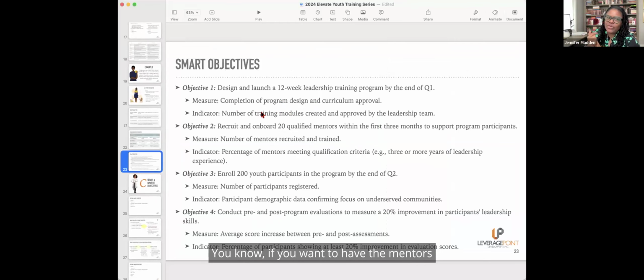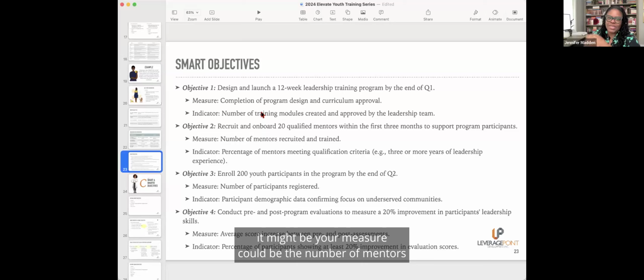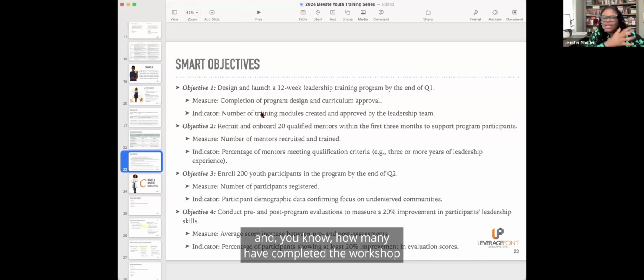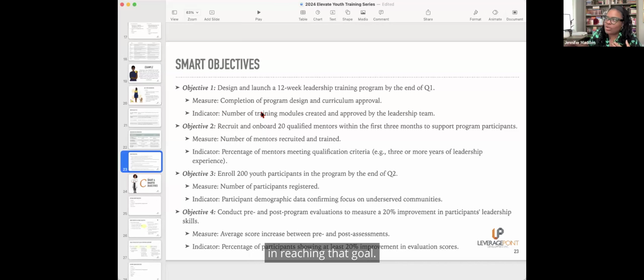If you want to have the mentors that are doing these workshops, your measure could be the number of mentors that you recruit or the number of peer level participants that you recruited, and how many have completed the workshop, because maybe you complete the harm reduction workshop and then you're qualified to become a peer mentor. And so now you're thinking about these measures and what indicates if you've been successful in reaching that goal.